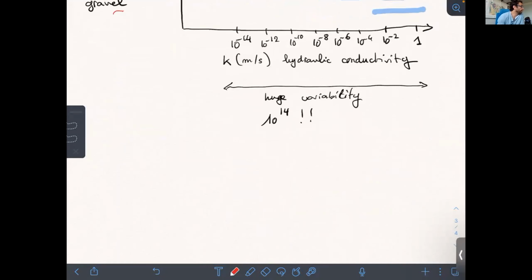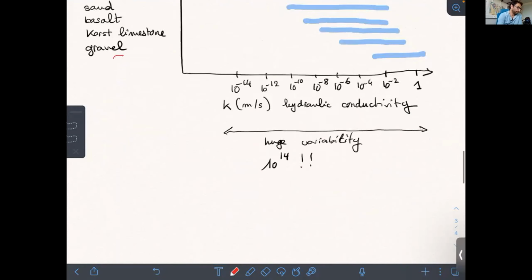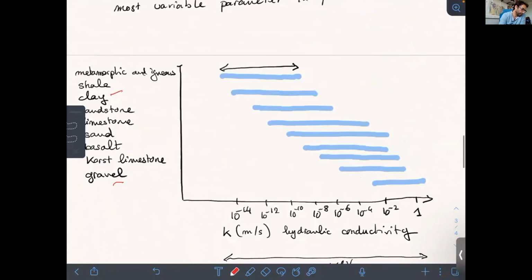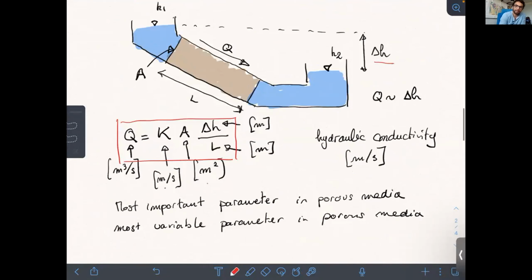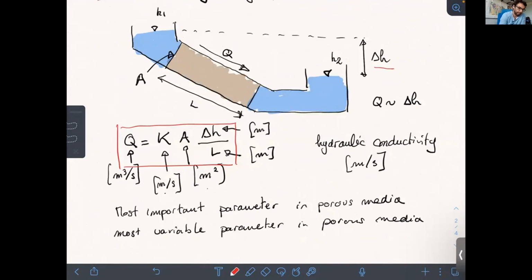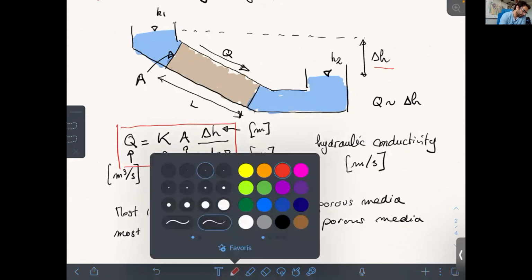Okay, so as we have seen in Darcy's law, here we have the flow rate. How can we change the flow rate?